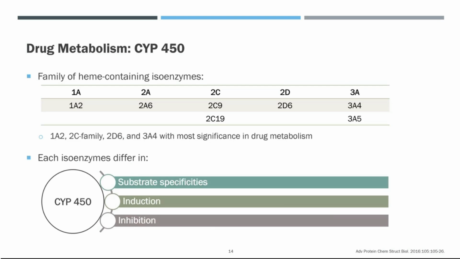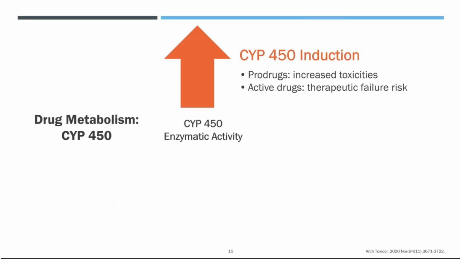And each of these isoenzymes has very different substrates that they work on, as well as inducers and inhibitors that change the metabolizing function of these isoenzymes. So when a CYP450 enzyme is induced, its metabolizing activity is going up.